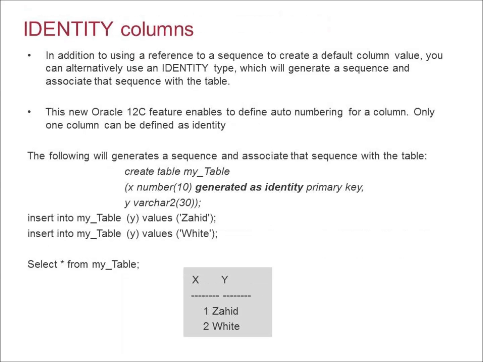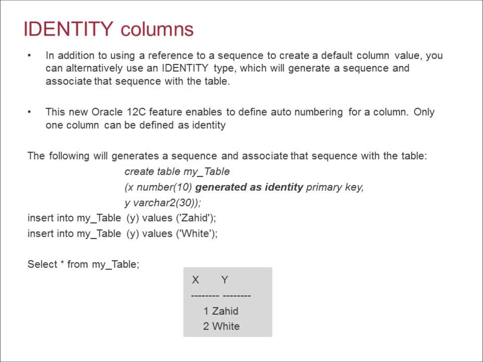I'm creating a sequence named test sequence, and then I'm creating a table with 2 columns, ID and name, and I'm making ID a primary key, but I'm defaulting to that sequence number. So every time I insert a value, it will generate a new sequence number in the ID column.